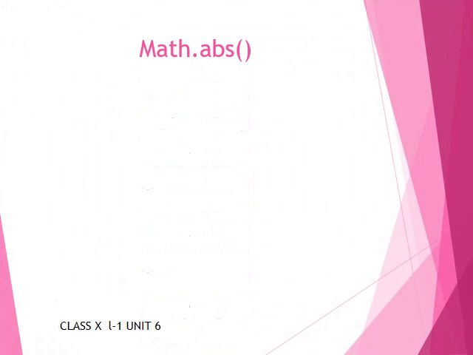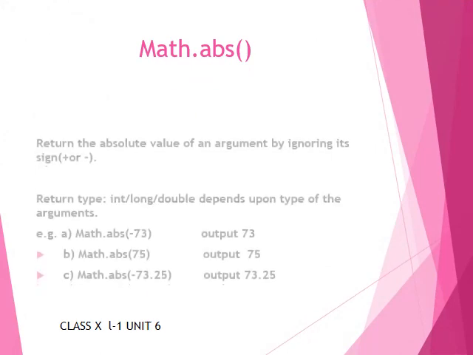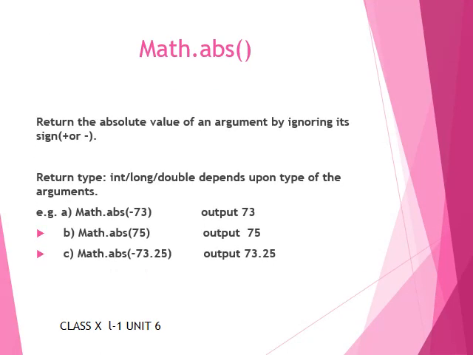The next mathematical function is Math.abs. It returns the absolute value of an argument by ignoring its sign plus or minus. Its return type is int, long, double, depending upon the type of argument. Examples are given below. Math.abs(-73), output is 73.